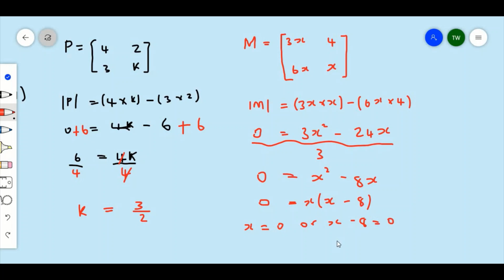So from here, we have one value of x already. X is equal to 0. So we can simplify this side by just adding 8 to both sides. And if we add 8 to both sides, we get x is equal to positive 8. Right? So these are the values of x. X is either equal to 0 or x equal to 8.